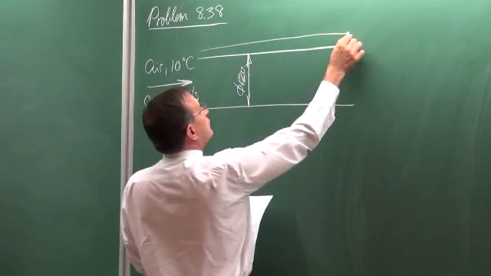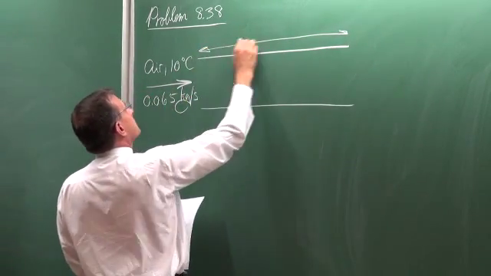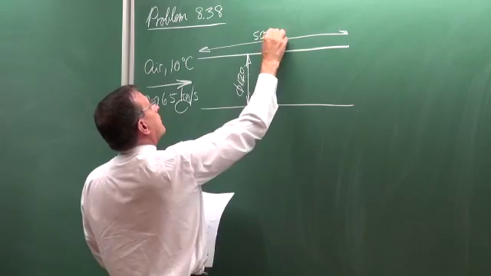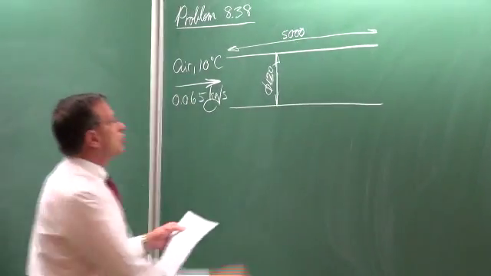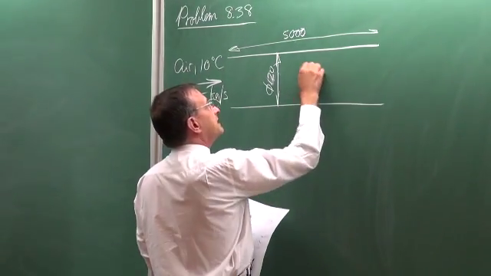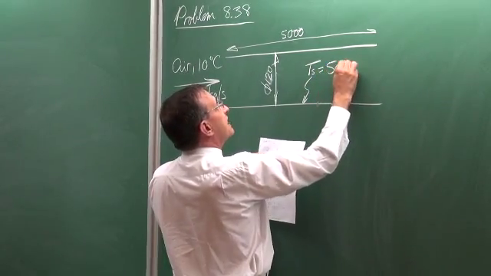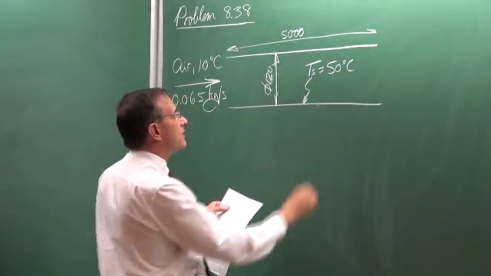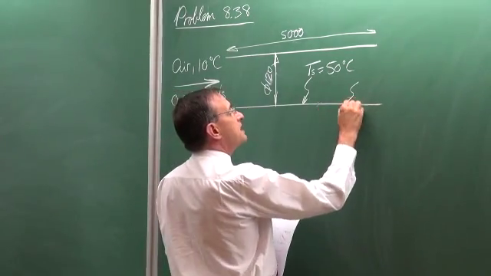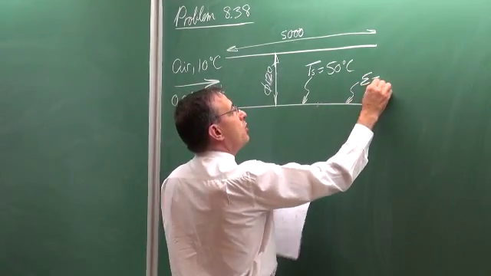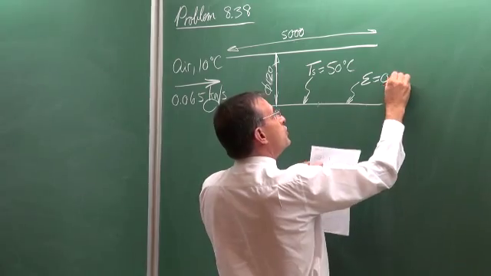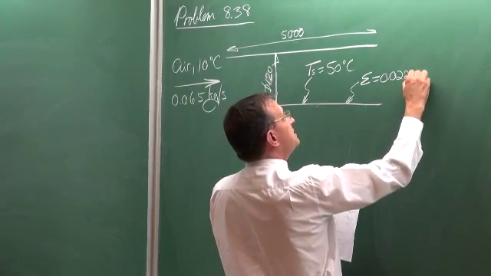And the tube length is 5 meters. The surface temperature is maintained constant at 50 degrees Celsius. The surface roughness, epsilon, is equal to 0.22 millimeters.